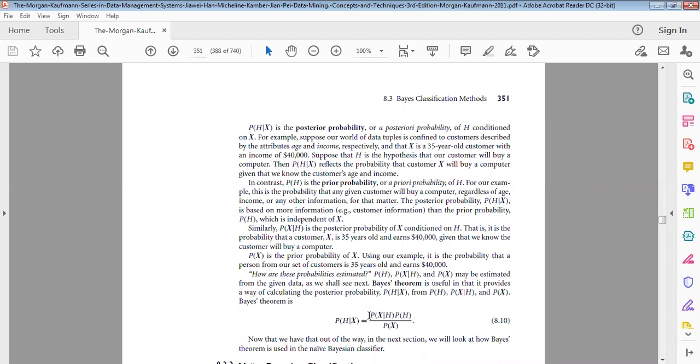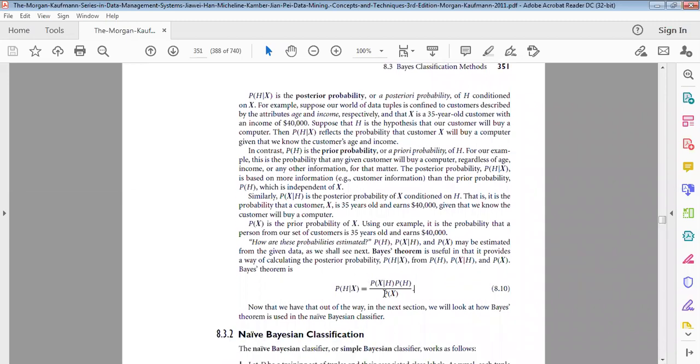So for the hypothesis and a particular evidence X, you have to find out the probability, that is the prior probability. If you want to find out the posterior probability, that is the probability of the hypothesis given the evidence X, it is equal to the probability of evidence X given the hypothesis times the individual probability of the hypothesis, divided by the probability of evidence X. This is Bayes theorem.